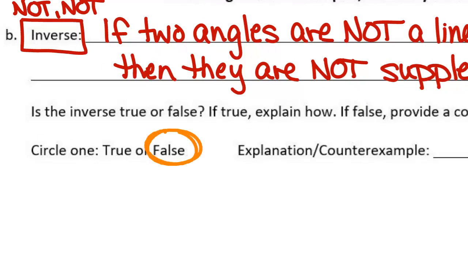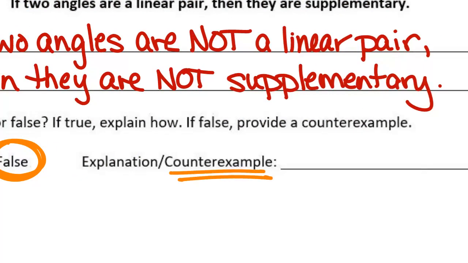Converse and inverse will always have the same truth value. So that means another counterexample. It's false for the same reason my converse was false. I can use the same counterexample here because it's false for the same reason.